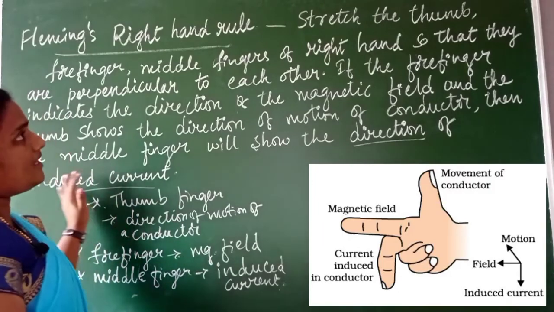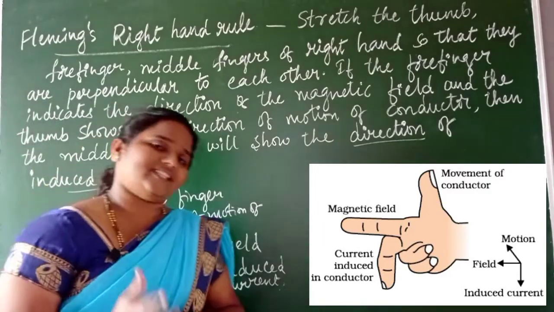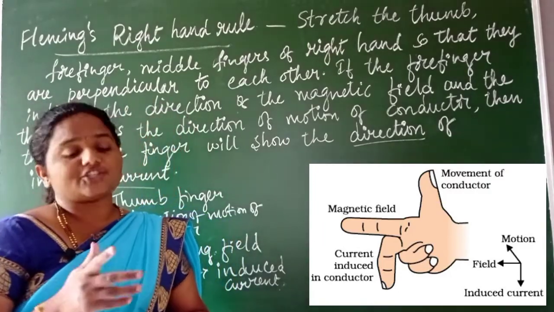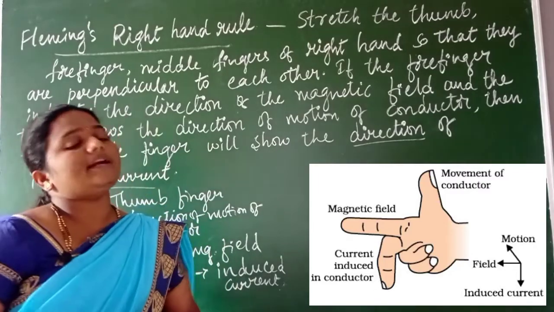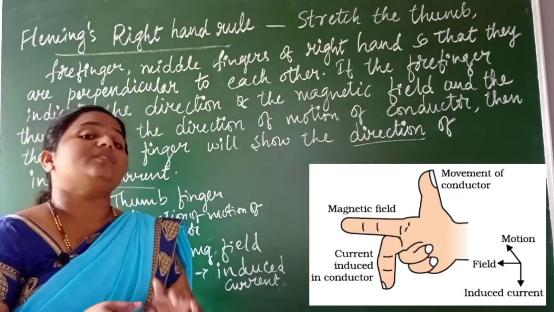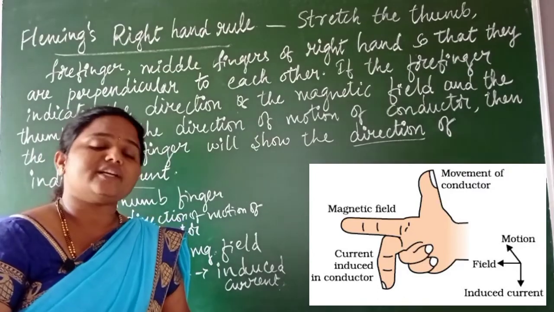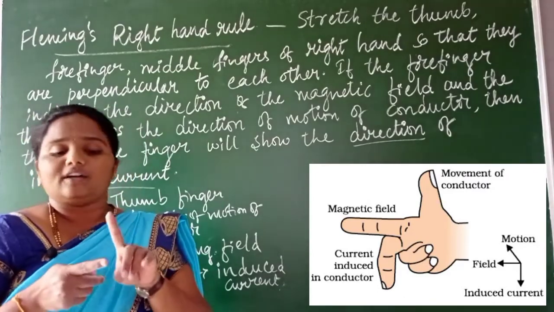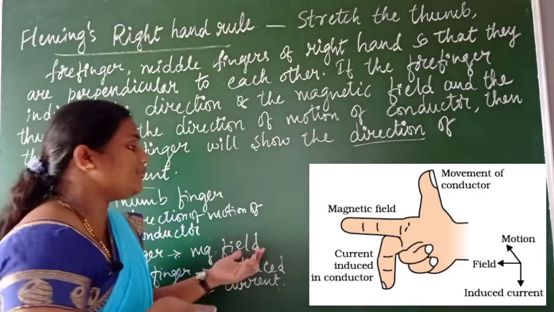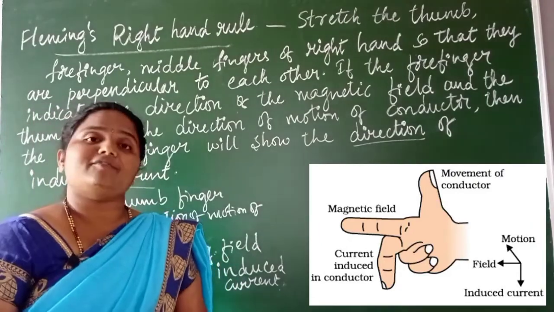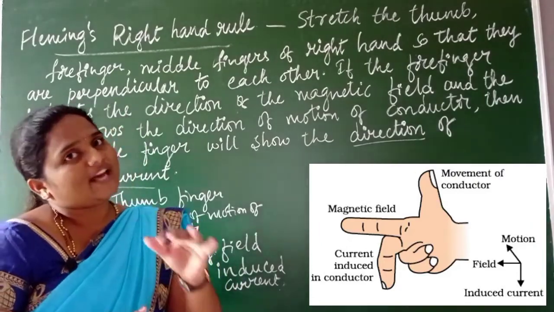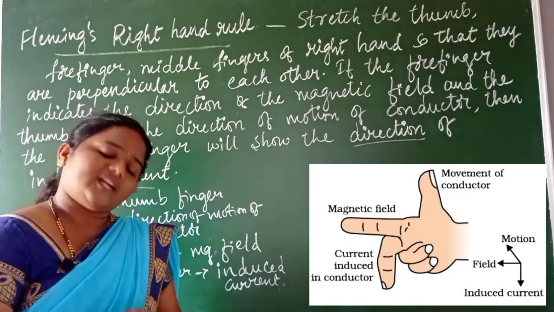Okay, once again I'll repeat, children. When we stretch the first three fingers of our right hand, such that each of them is perpendicular to each other, the middle finger gives the direction of an induced current, the forefinger or index finger gives the direction of a magnetic field, and the thumb gives the direction of motion of a conductor.